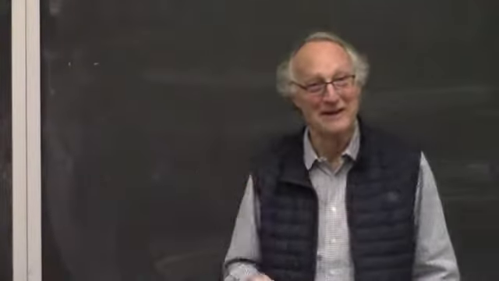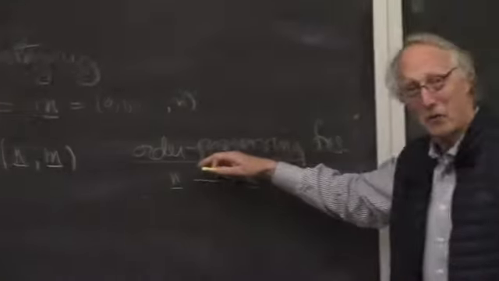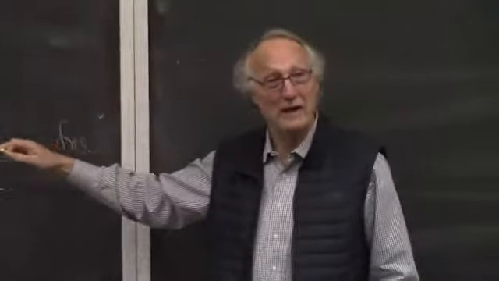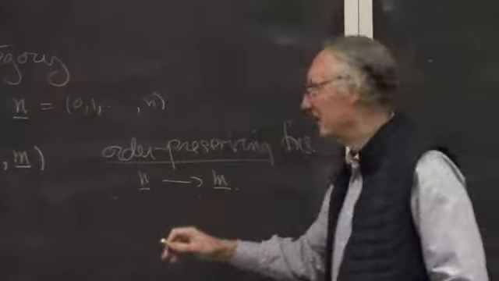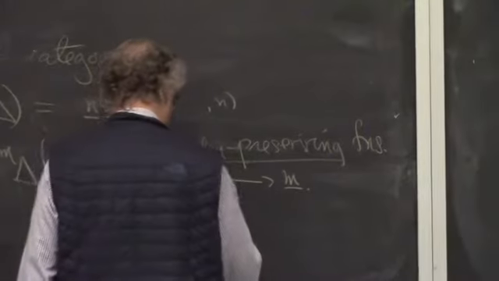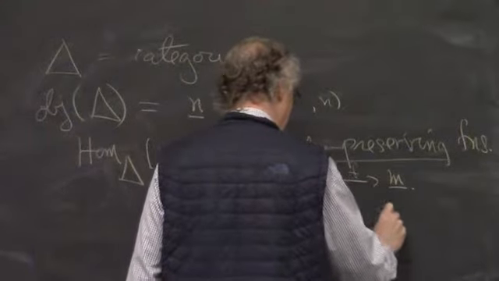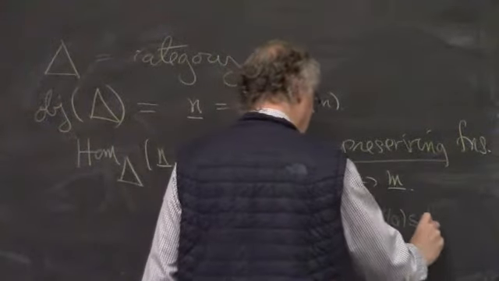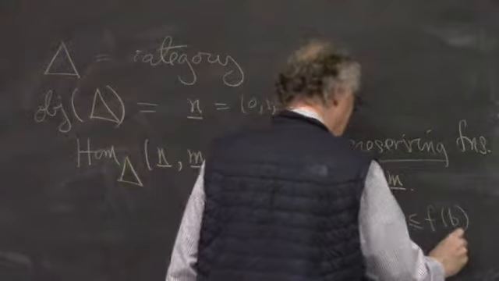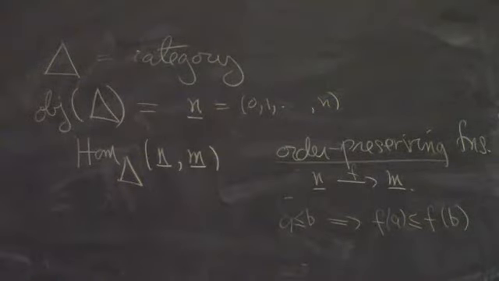Now, of course, nobody does that. Nobody refers to the positive integer as meaning 0, 1, 2, 3. But I'm going to do that for my order preserving maps. So this means weakly order preserving. It means if a is less than or equal to b, then f of a is less than or equal to f of b. And when I want things to be strictly order preserving, I'll say strictly.